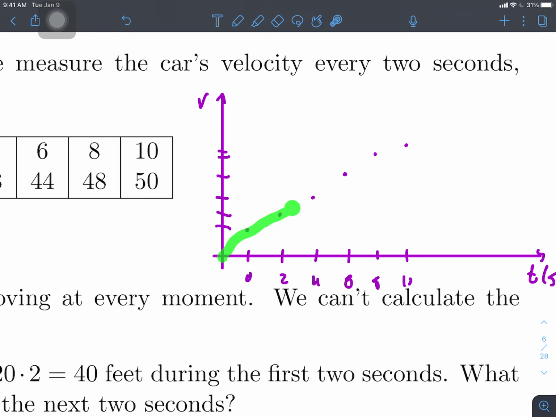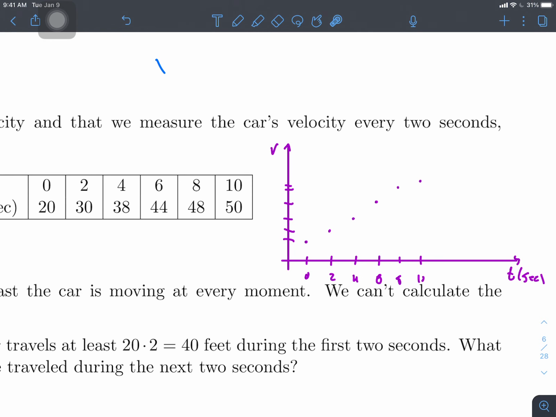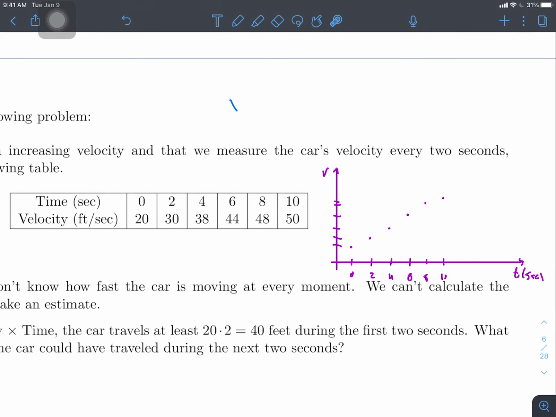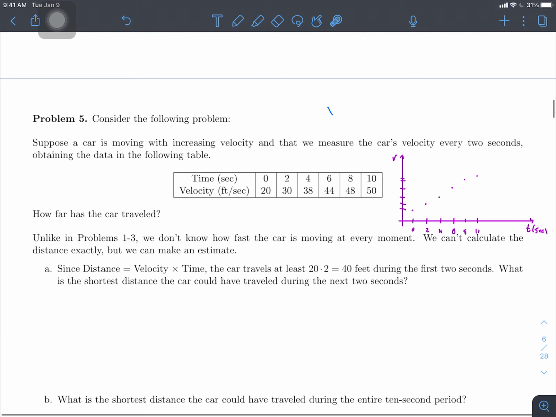It could look like this, or it could look like this, or it could look like anything. We're not sure, okay? Or it could look like this, right? I mean, it probably couldn't look like that, just physically speaking, but you get the idea. We don't know what the function looks like. But we still want to know how far did the car travel.